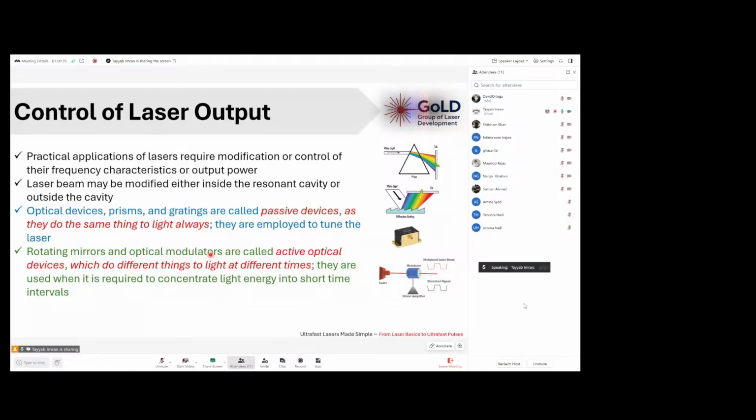There are some devices like the prism and the grating, called passive devices.